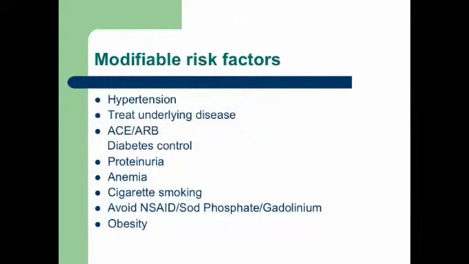ACE inhibitors and ARBs, or angiotensin receptor blockers, are the hallmark of treating patients with chronic kidney disease, both to control blood pressure as well as to slow progression. These drugs are used commonly and are the first line of recommended therapy in treating hypertension in chronic kidney disease.